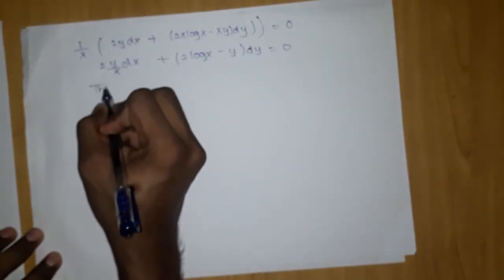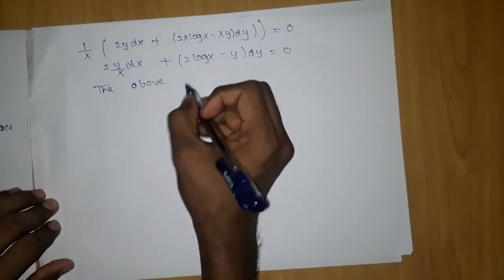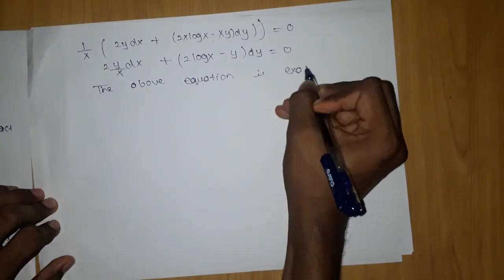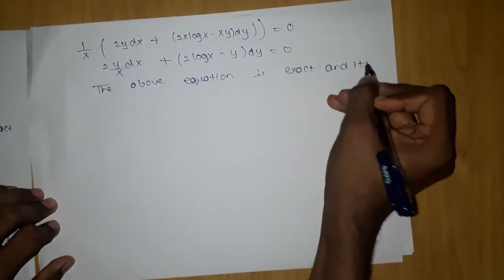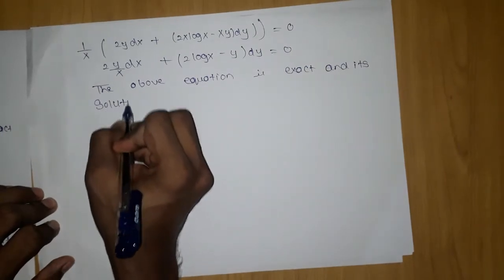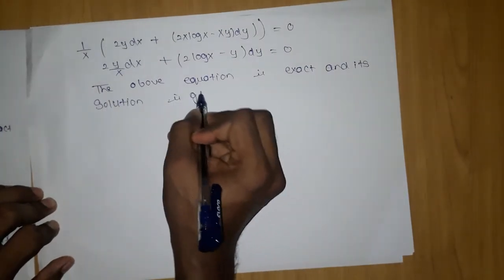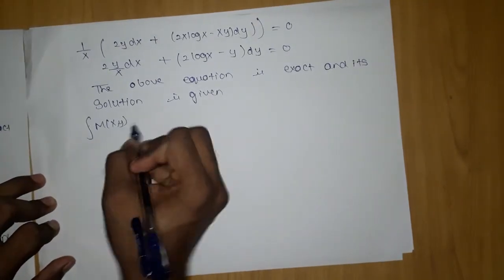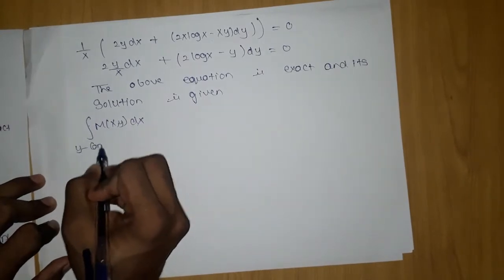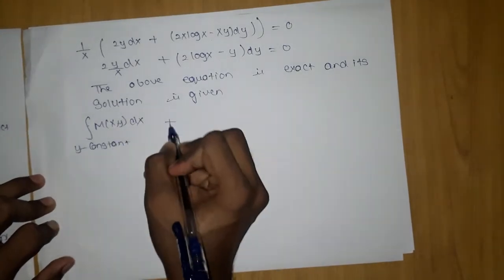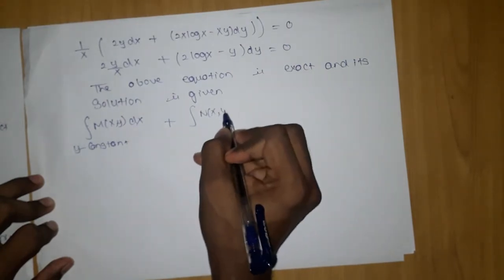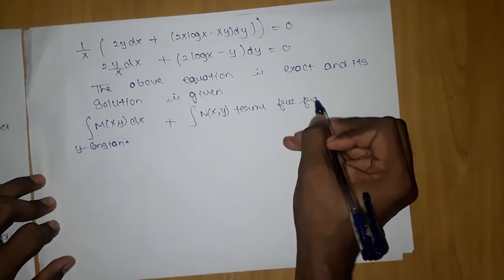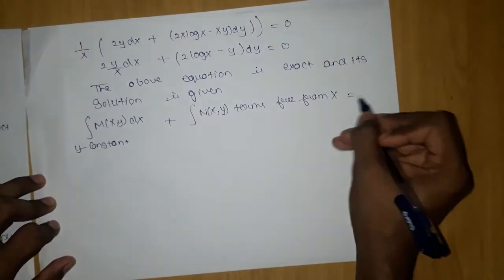Now the above equation is exact, and its solution is given by, remember the formula we used to use, which was integral M of x comma y dx, where y is constant, plus integral of N of x comma y terms free from x, equals c.